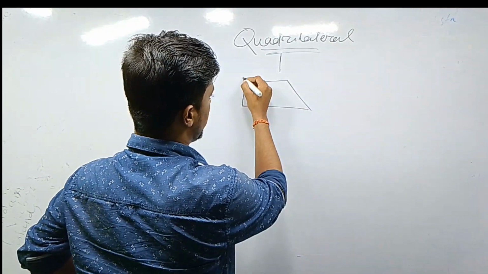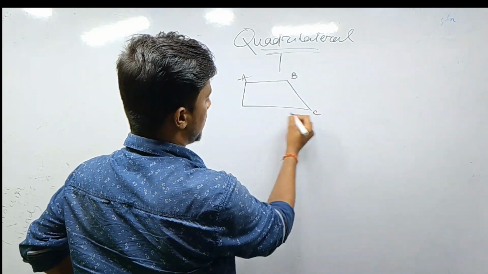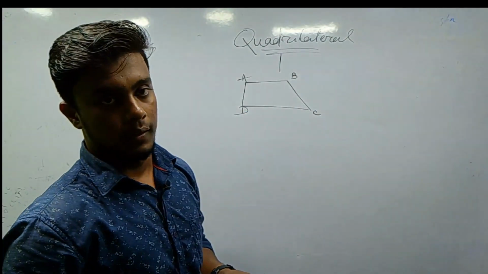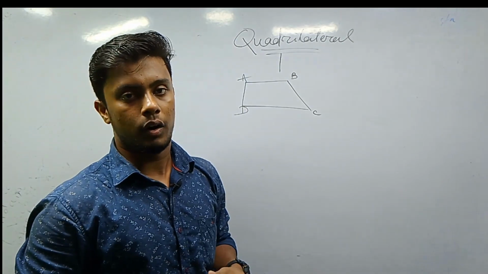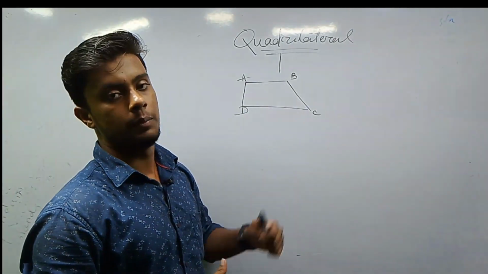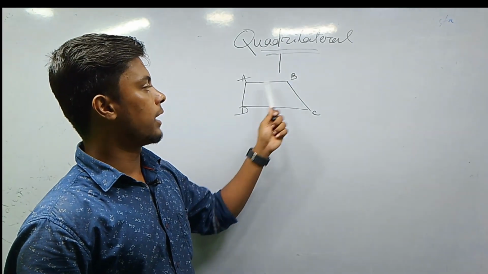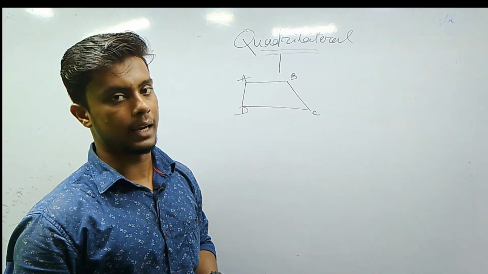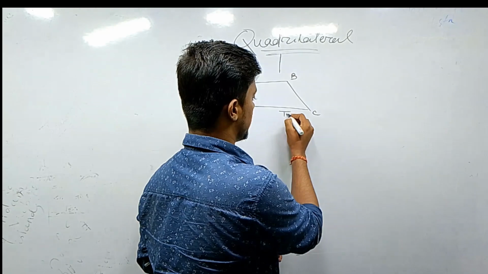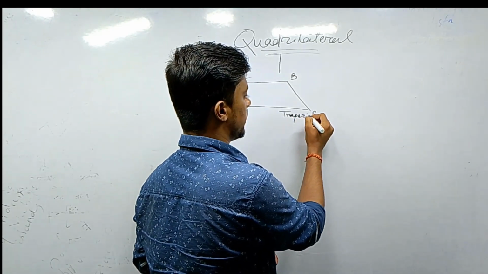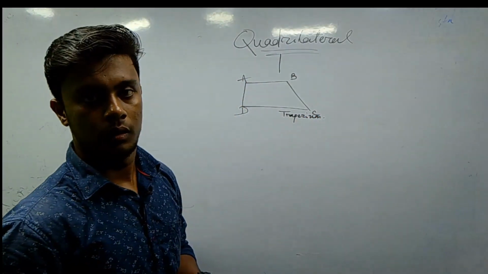In this case, one pair of opposite sides becomes parallel. In a quadrilateral, when one pair of opposite sides becomes parallel, it becomes a trapezium.